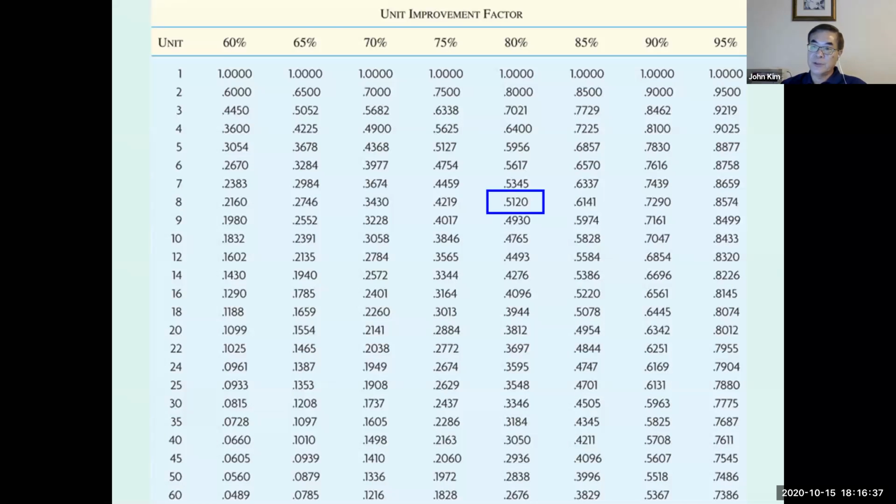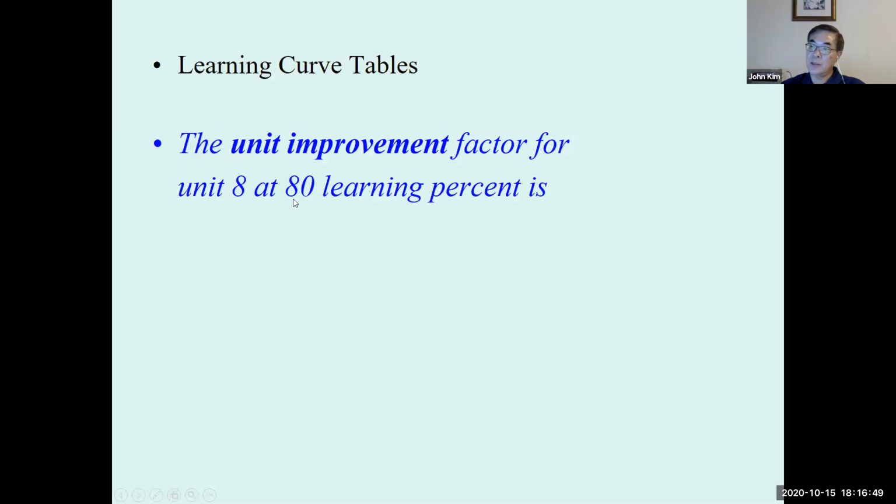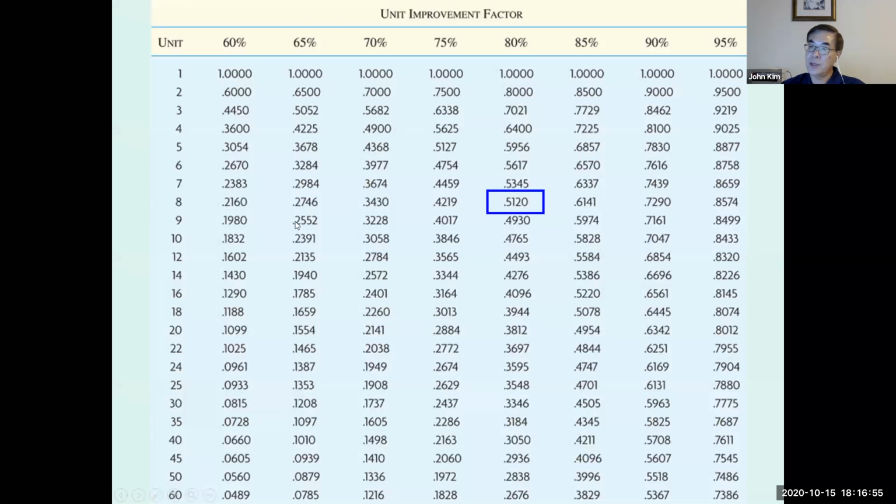Unit improvement factor is for producing only one unit, with the unit number and the learning percentage. So unit number 8 and learning percentage 80%, the improvement factor is 0.520. We will use this unit improvement factor later.